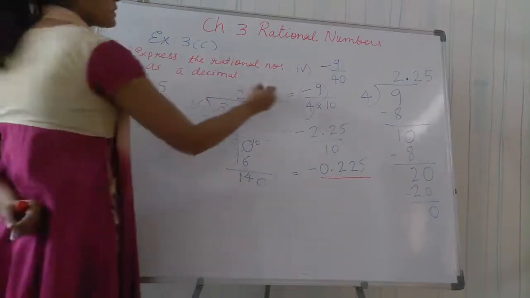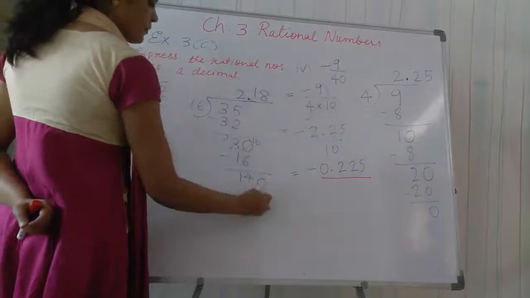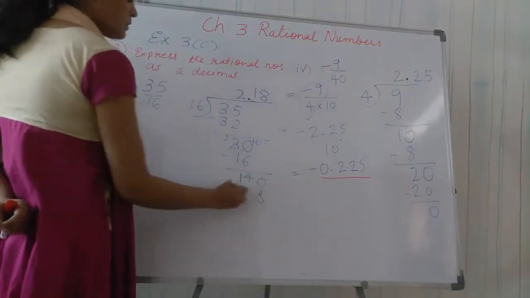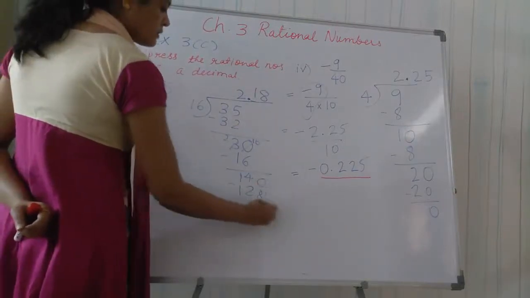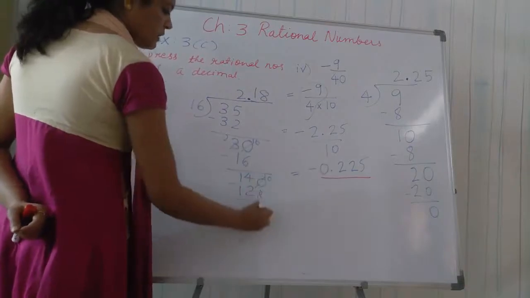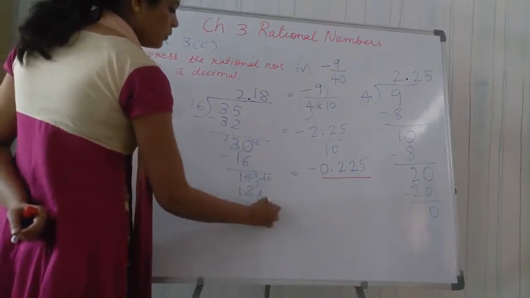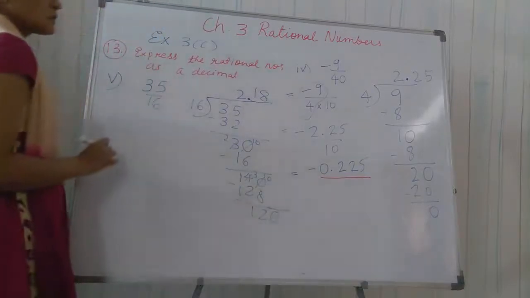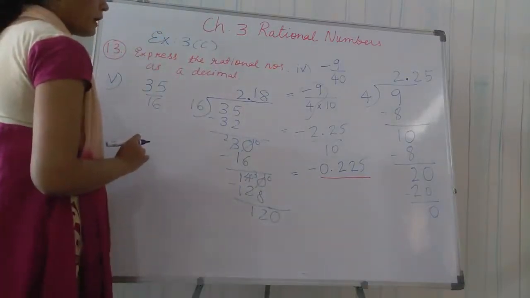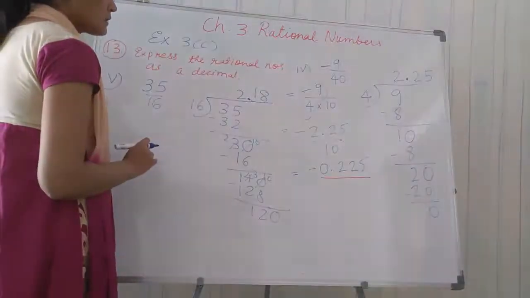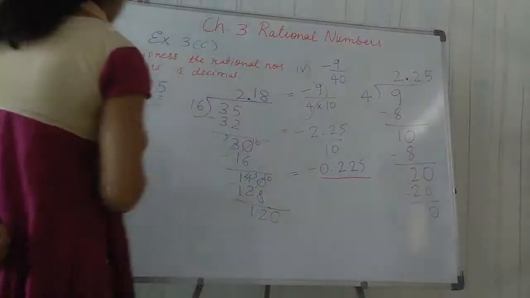So we can put 16 8s are, that is 128. Subtracting 10 minus 8 is 2, 3 minus 2 is 1, and one more 0. So now 16 5s are 80 and 16 6s are. We write here.